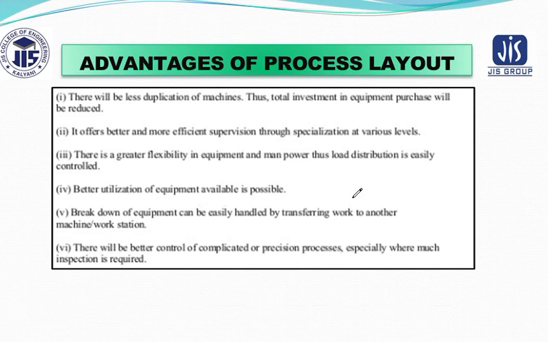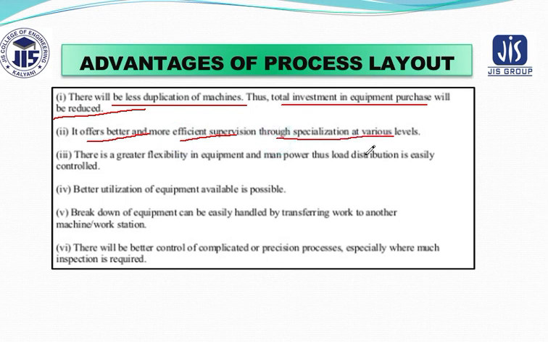Now let's have a look at the advantages of process layout. First of all, there will be less duplication of machines. Thus, total investment in equipment purchase will be reduced. Next, it offers better and more efficient supervision through specialization at various levels. Thirdly, there is great flexibility in equipment and manpower. Thus, load distribution is easily controlled.